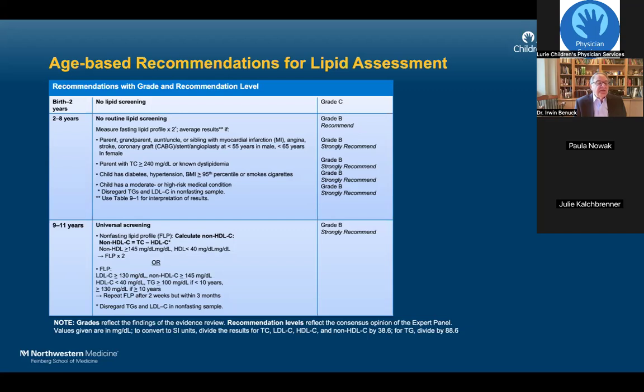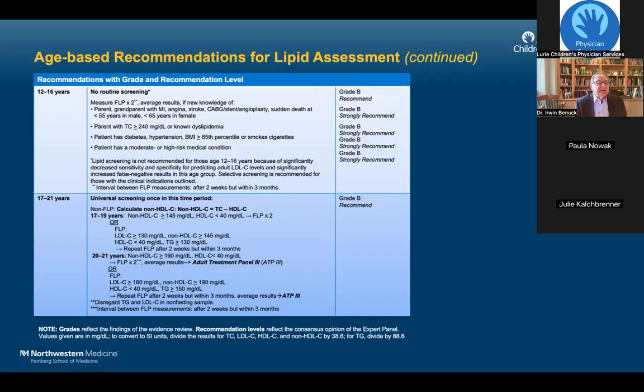So again, we had those numbers, less than 120 was considered fine, 120 to 145, just keep an eye on that, repeat it perhaps in the future. But if it's over 145, those patients should be screened with a fasting lipid profile. And then if the LDLs, I really feel, are above 130, in those cases, we should probably be seeing them. If it's a legitimate LDL, it was done correctly, fasting, with a fairly normal triglyceride level.